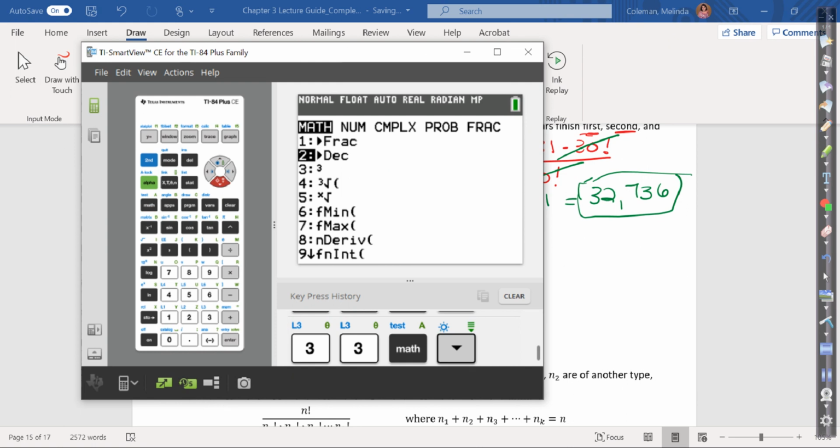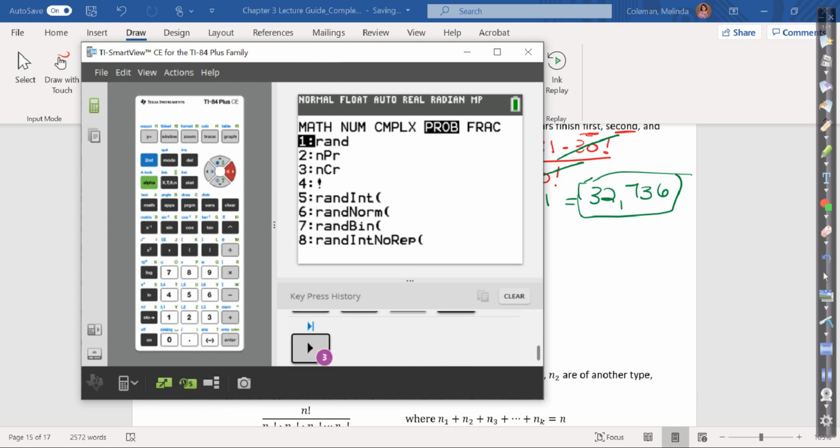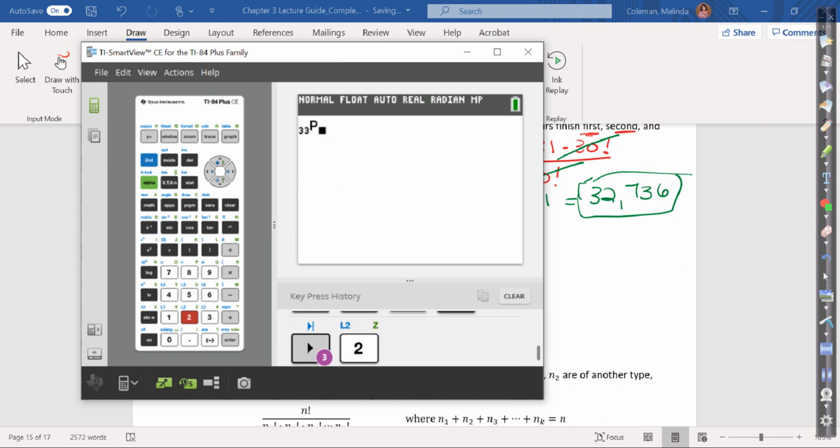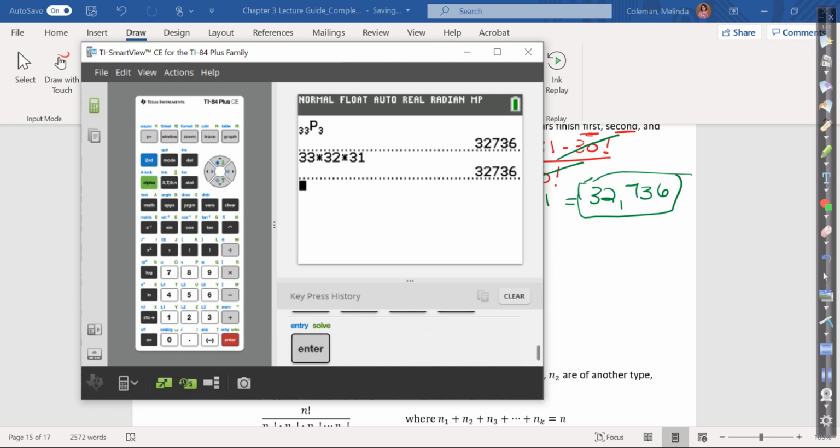It's still under the probability functions. This time, you'll notice, number 2 is nPr. Now be very careful because we are going to look at nCr in just a minute. So nPr is number 2. So 33 nPr 3, and then hit enter, and that gives us 32,736. The same as if we had done 33 times 32 times 31. Same value.